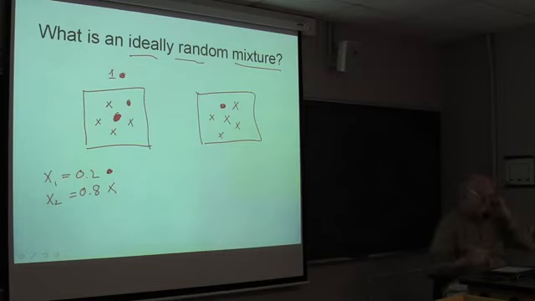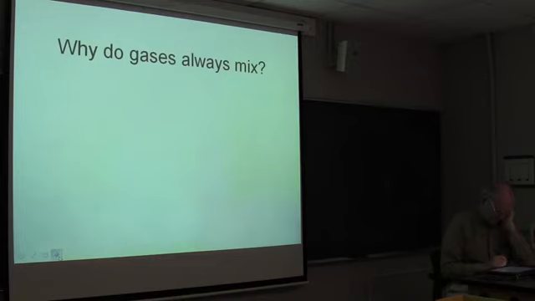A molecule of type 2, 50% would be type 1, and 50% would be type 2. That's a random mixture. It's a mixture where the neighbors are in direct proportion to the fraction of the total which is that species. Believe me, this is related to what we're talking about.